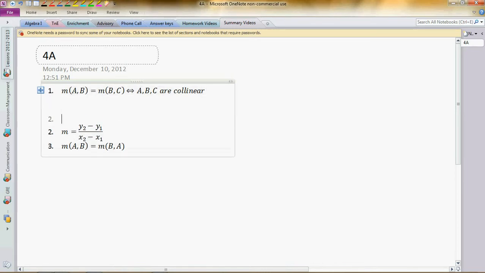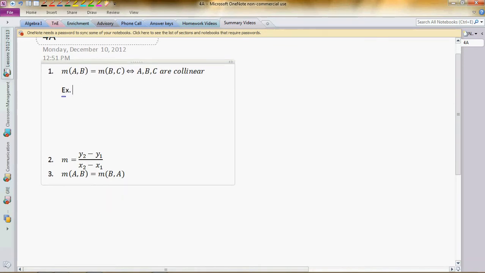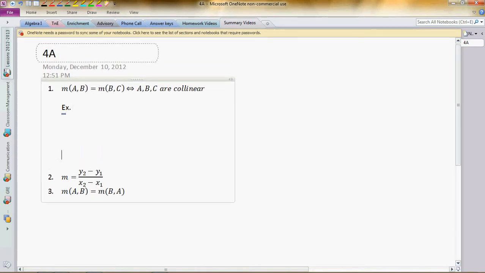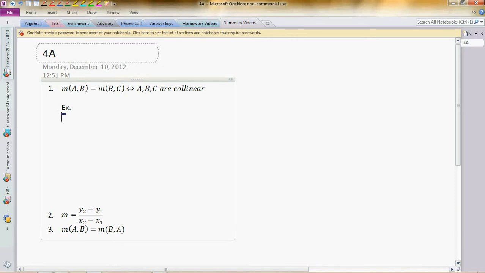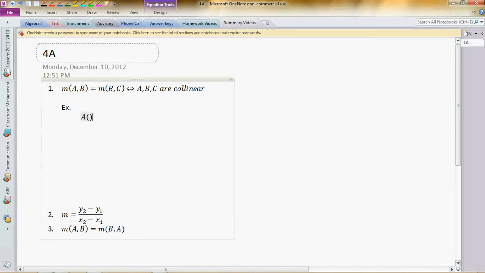So let me go through the first point. Let me show you some examples. Let's say we have some points right here. Let's say point A is 2, -3, and let's say point B is 5, 6.